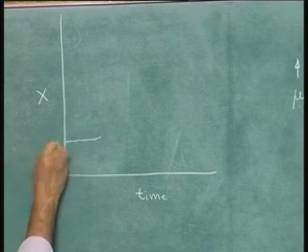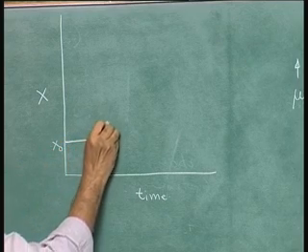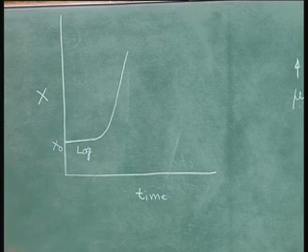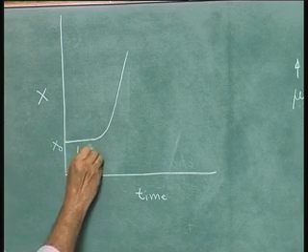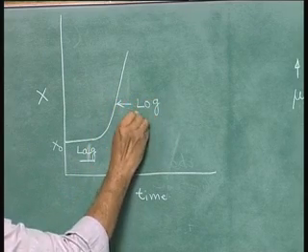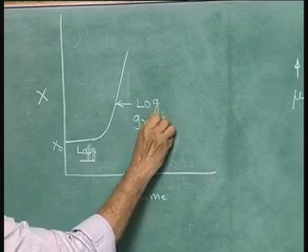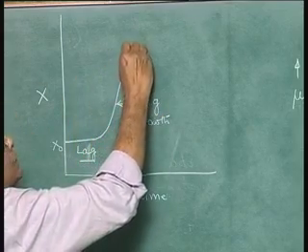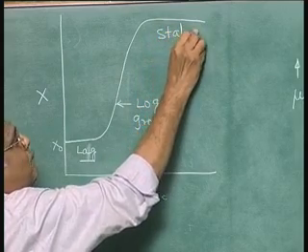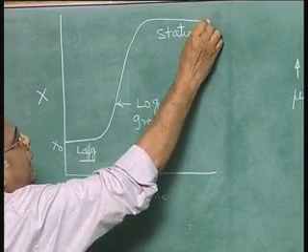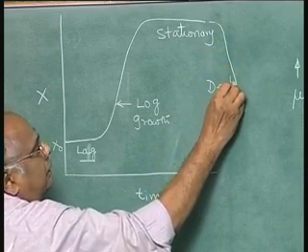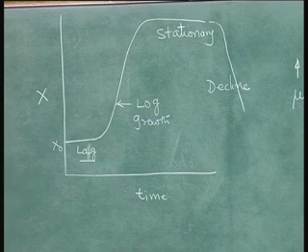This is x naught, the initial organisms, lag phase, that is lagging behind, and then this is the log growth phase, that is growing exponentially, and we have what is called a stationary phase and a decline phase. These are the four phases which we have discussed.